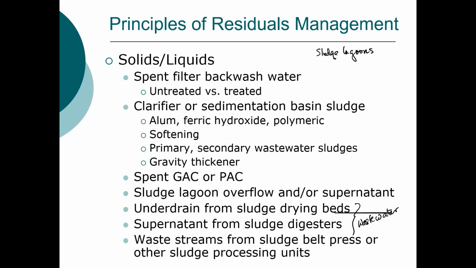That supernatant used to go back to the headworks of the plant. That meant that while this plant is a groundwater plant, it becomes a groundwater under the direct influence of surface water, which means that all of the surface water rules now apply to that plant.